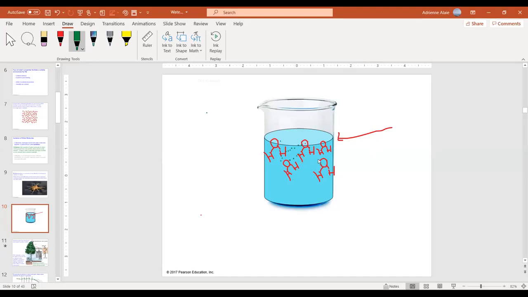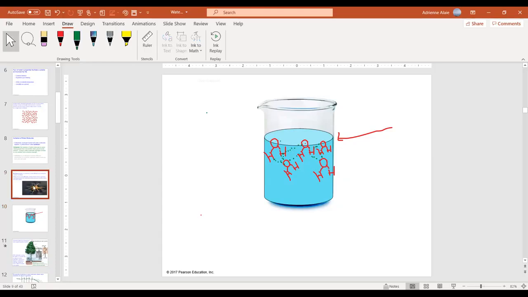So an oxygen to this one, and this one can go here, and this one can go here. So maybe this helps a little bit, I don't know. The idea is that the water molecules at the surface are bonded to one another right at the surface and to the ones below. So it creates almost like an elastic film at the top. So this is called surface tension.